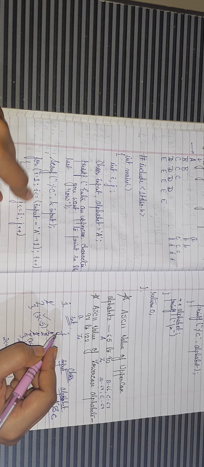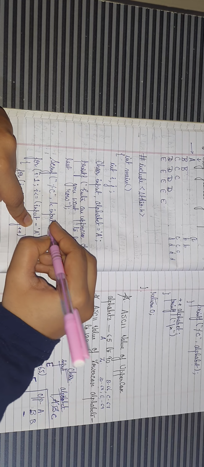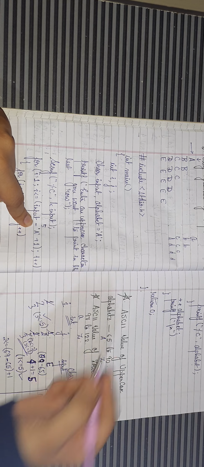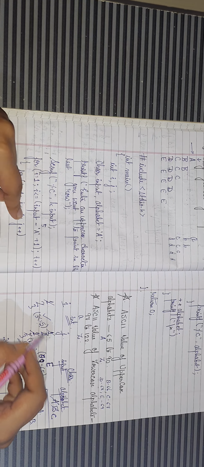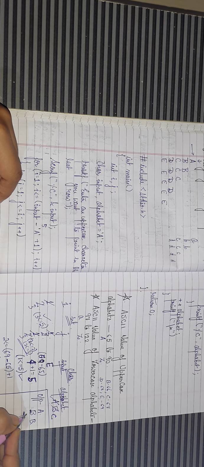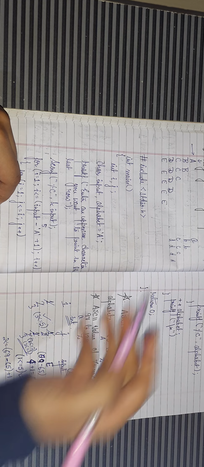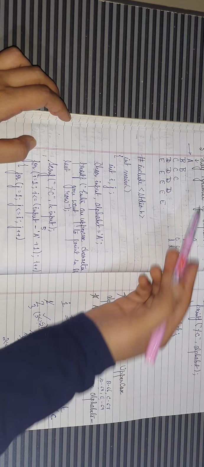So is 3 less than 5? Yes. So this whole thing will continue like this, and it will be printed like C, C, C, then D, D, D, D, and E, E, E, E, E. So like this the output will be executed.